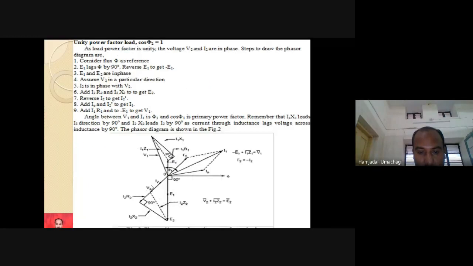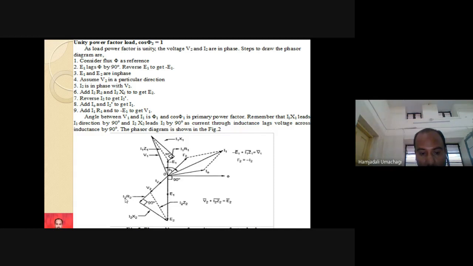E2, right? So already I have shown V2 here. In the same direction I will show I2R2 also. What is this I2R2? This is the resistive drop. To show this I2R2, I have to take the current direction of I2. This is my current direction. In the same direction we have to show I2R2 also, because this is a resistive drop, and a resistive drop is always in phase with the current.